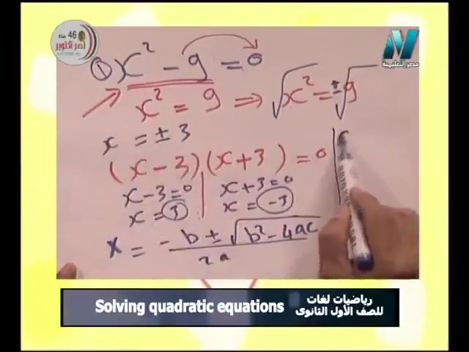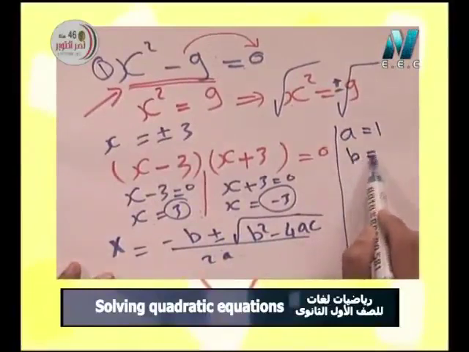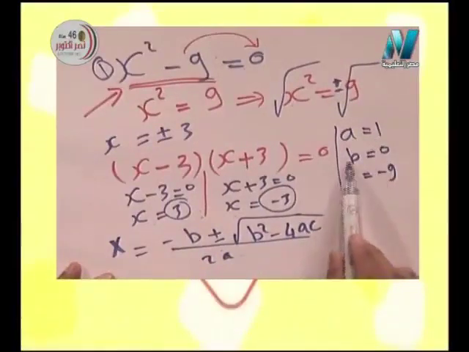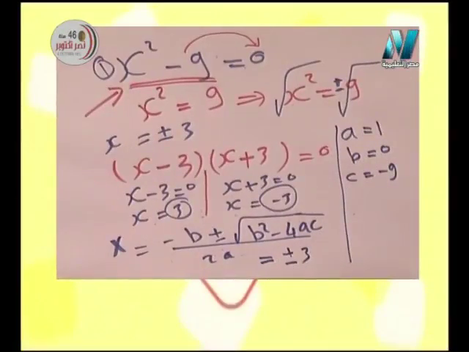So a equals 1, b equals 0, and c equals negative 9. Put a equals 1, b equals 0, c equals negative 9. Here you will get positive or negative 3. So the solution set will be positive 3 or negative 3.